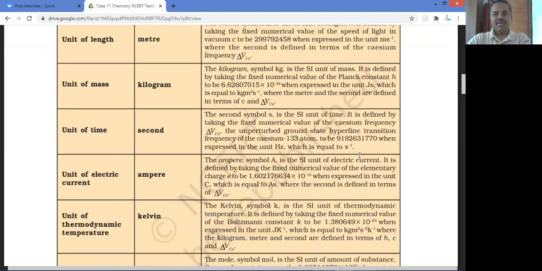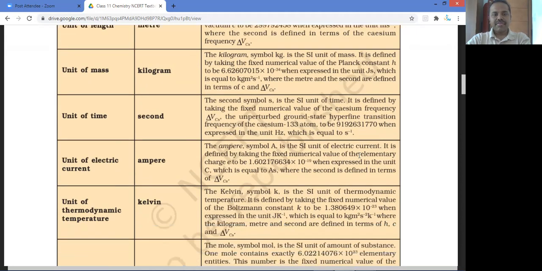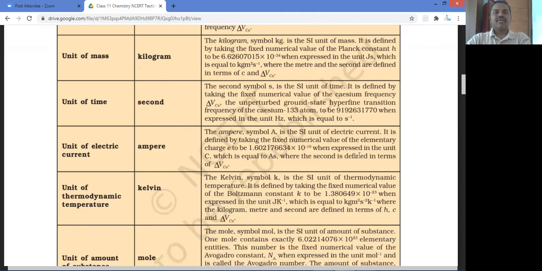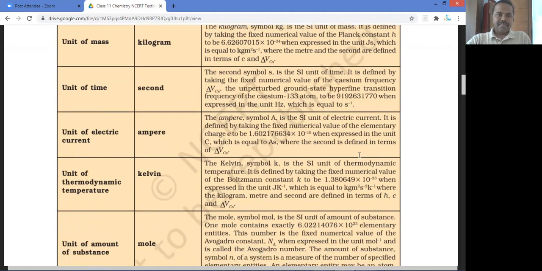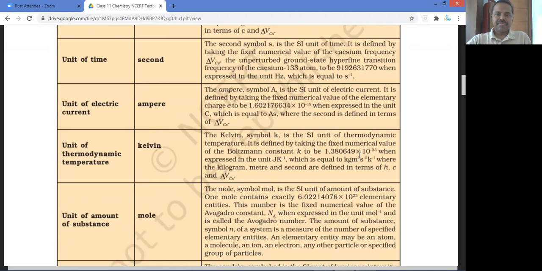Ampere is defined by the fixed numerical value of the elementary charge when expressed in the unit, so elementary charge value e. And Kelvin, like the Boltzmann constant k.